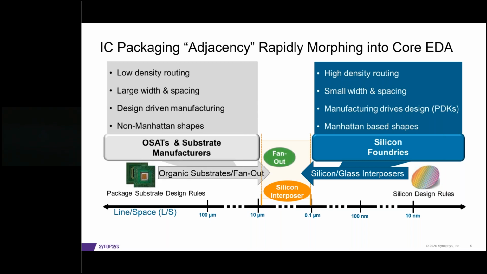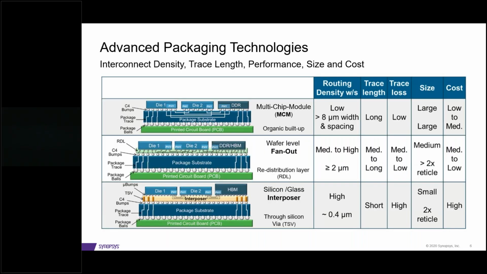And of course, the packaging world is also bringing in their fan-out version, which is more of a packaging approach, bringing this RDL-based routing that is not as fine-grained as the silicon interposer, but still much smaller width and spacing than the traditional organic substrate packages are offering today.